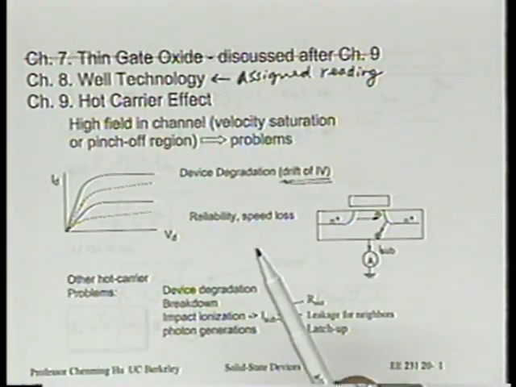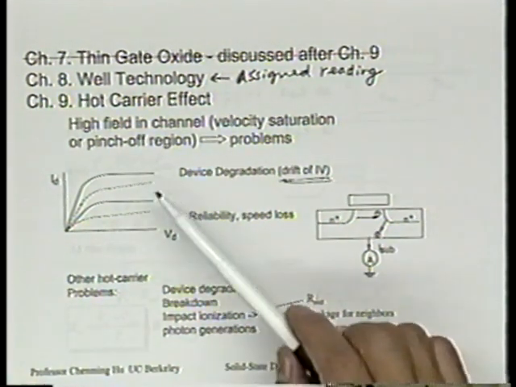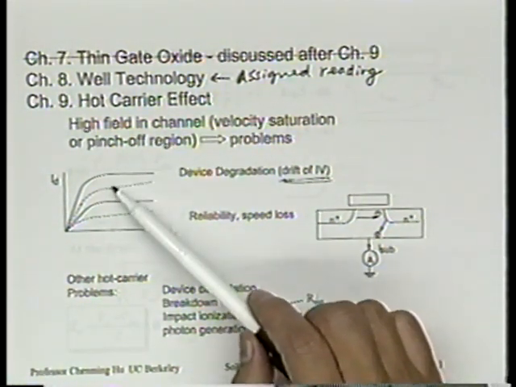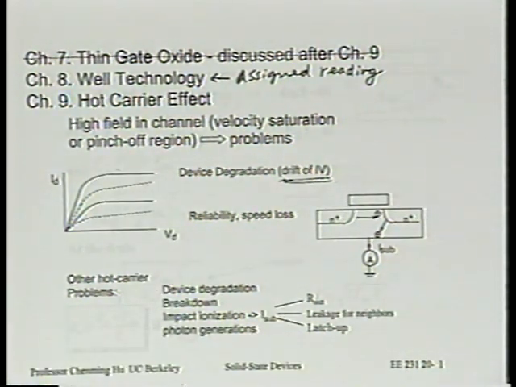Now, there are some cases, not very often, where the device characteristic would drift to, say, higher current and perhaps even higher performance. In that case, we still call it device degradation. You hear this term used. It really means a drift of IV. Okay? This device becomes different from what it was when you test it.